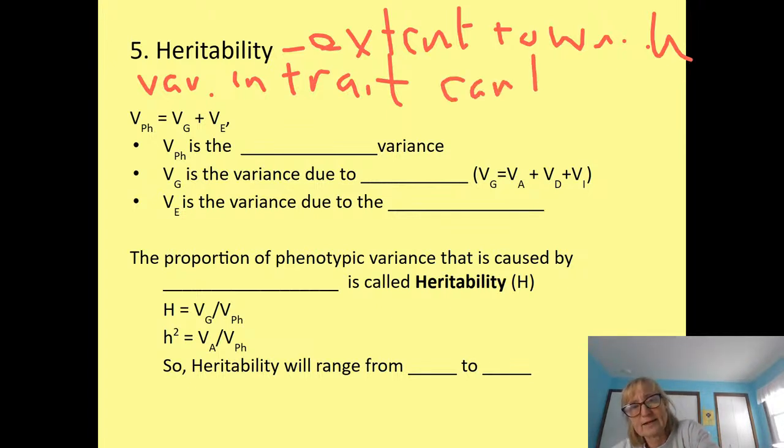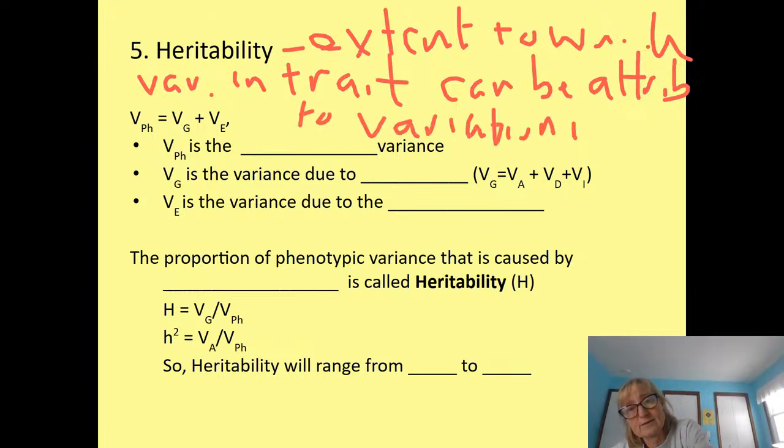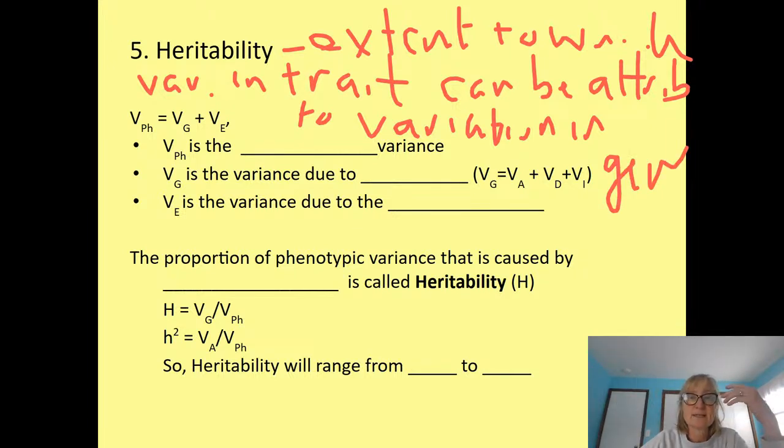So you can write that down. Heritability, we're trying to calculate the extent to which the variation in the trait can be attributed to variation in the genes. Okay, we know some things already.